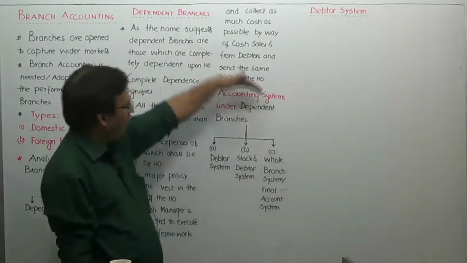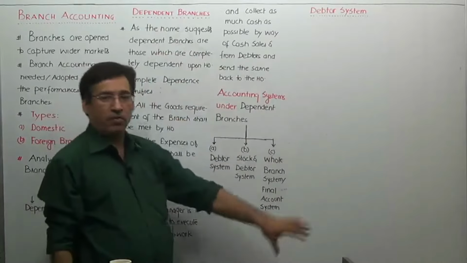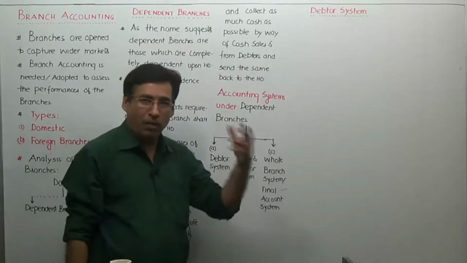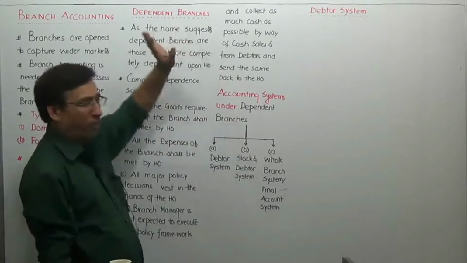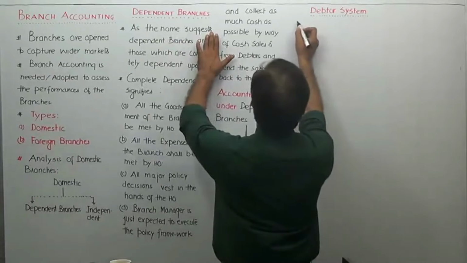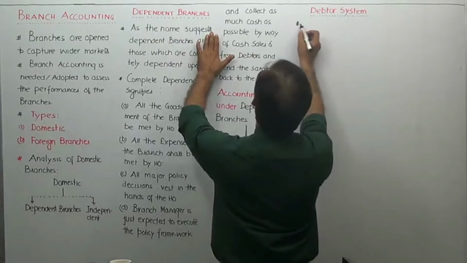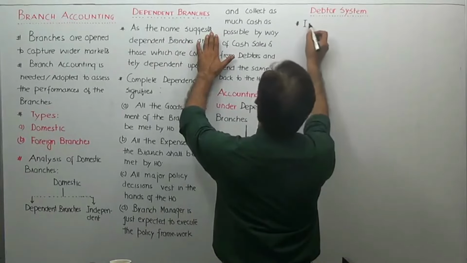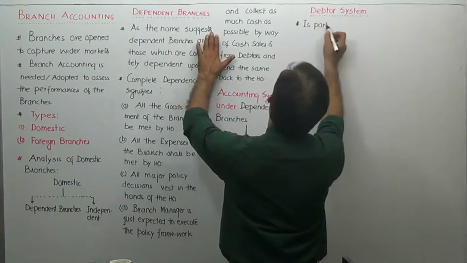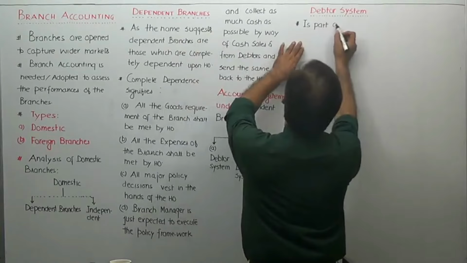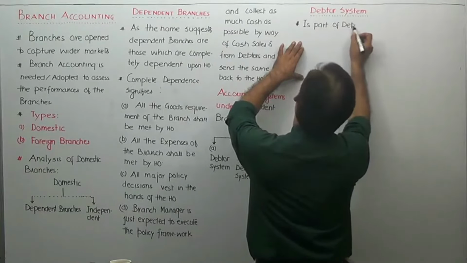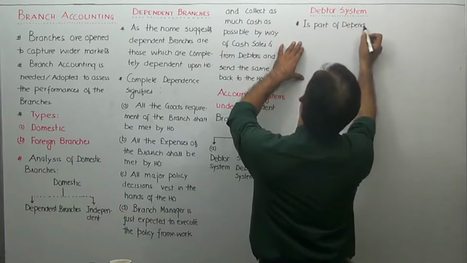Because under dependent branches, 3 accounting systems exist, and the debtor system is one among them. So the first point is that the debtor system is part of dependent branches.